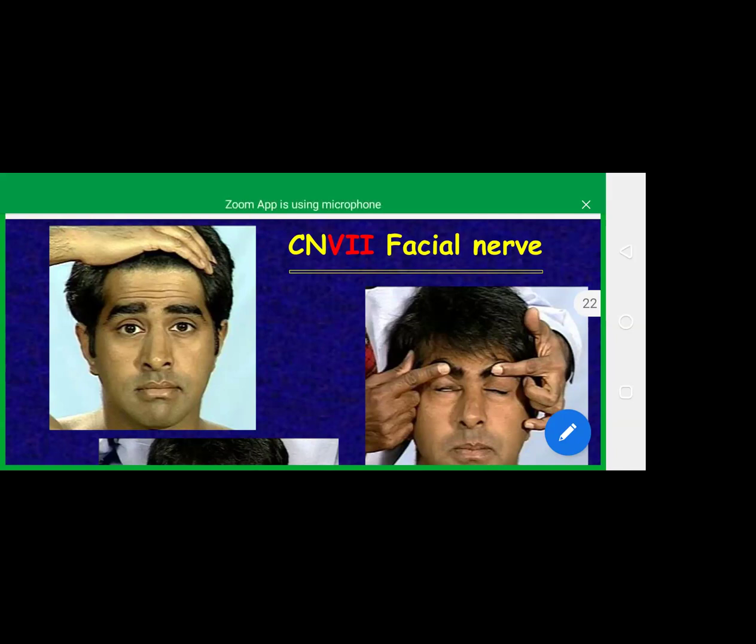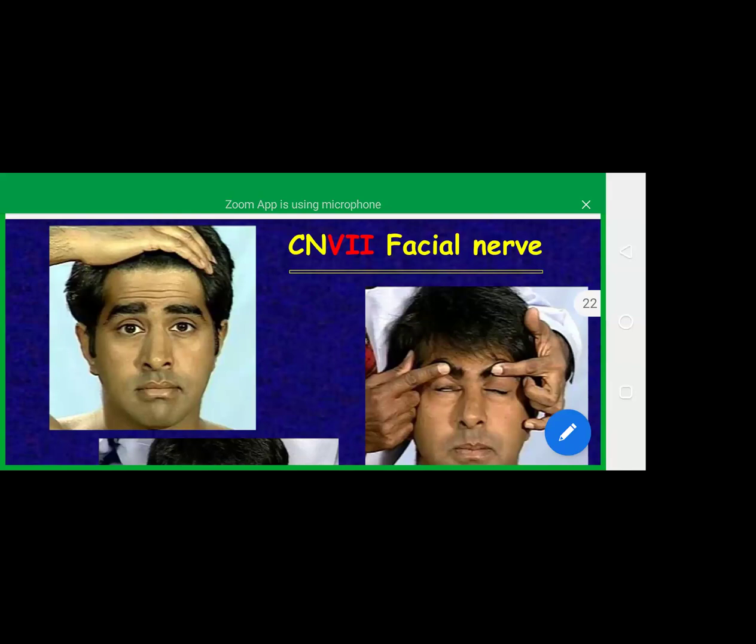In any patient with facial nerve defect, the person will not be able to wrinkle the forehead at the side with the lesion. But this man presented in this image, at our left-hand side, is completely fine.